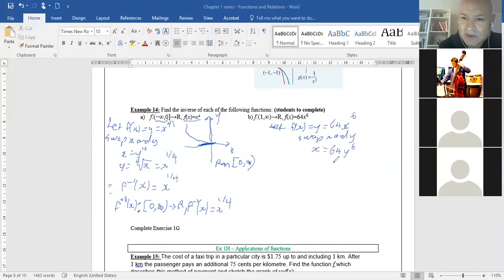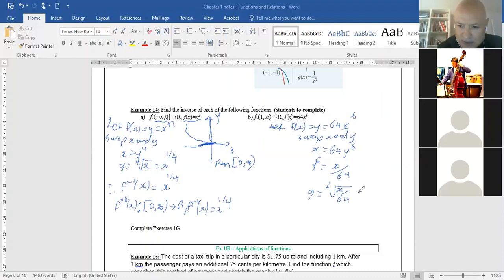Now here I need to divide by 64 first, so y to the power of 6 equals x over 64, and then y equals the 6th root of x divided by 64. Okay, so 64, is that a 2? 2, 4, 4 2s are 8, 16, 32, 64, yes.